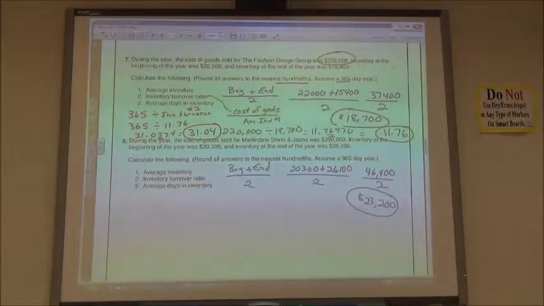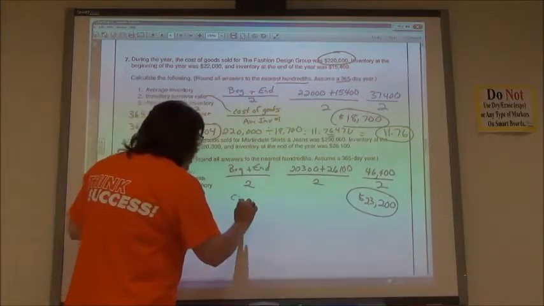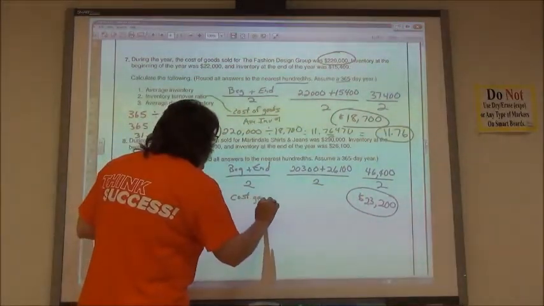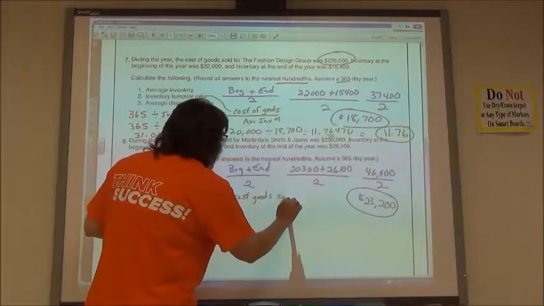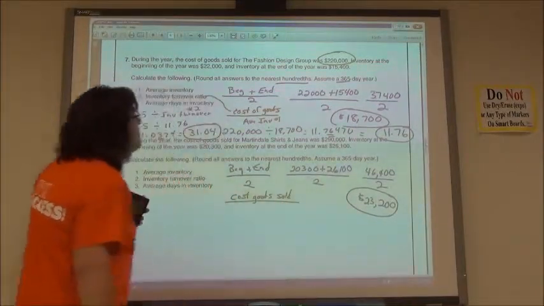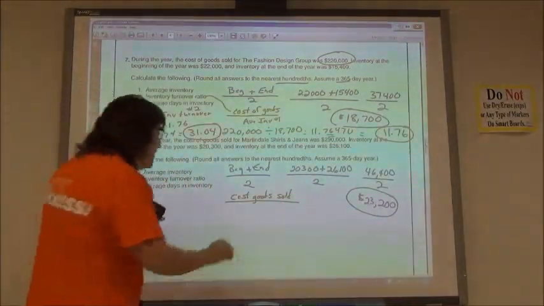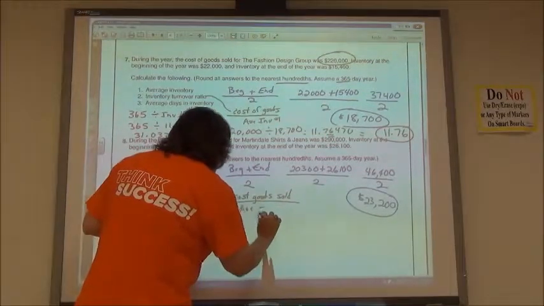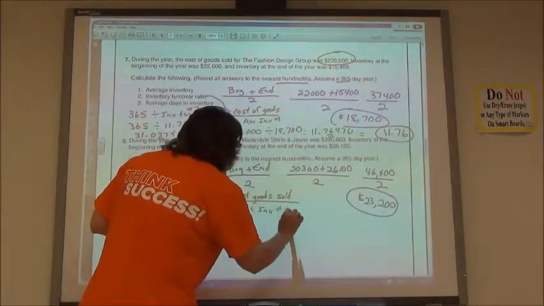We're then going to find the inventory turnover ratio. So again, we're going to take our cost of goods sold and divide that by the average inventory, which is our answer to number 1.